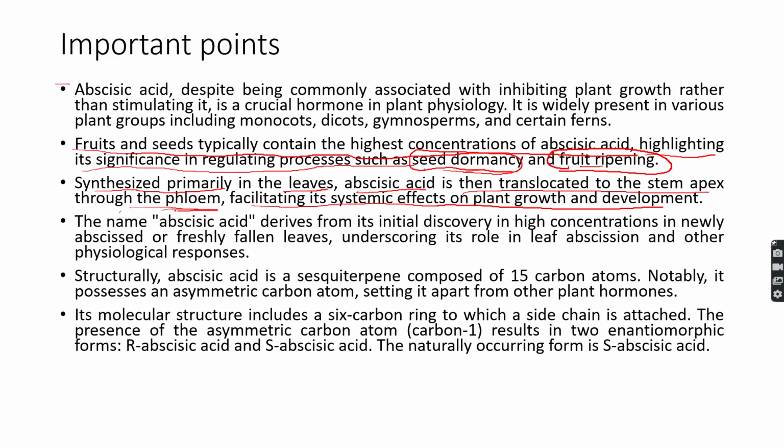When it is synthesized in the leaf, it moves through the phloem and affects plant growth and development. Sometimes it is synthesized in the root, and there it moves through the xylem.